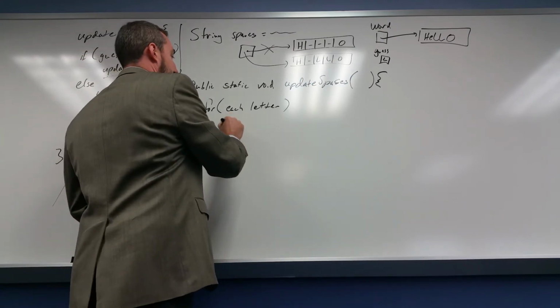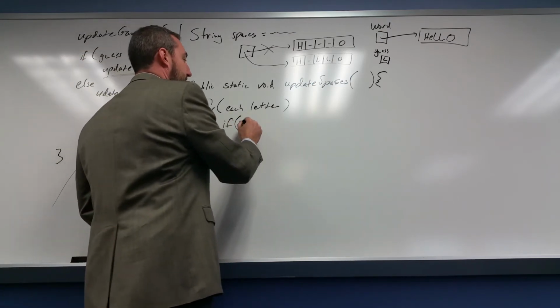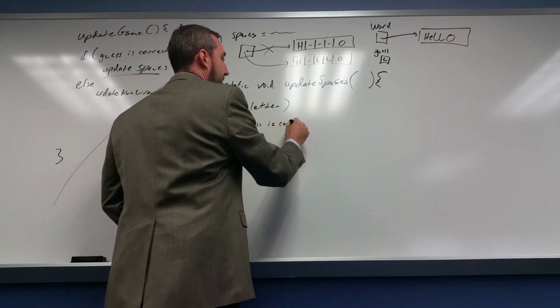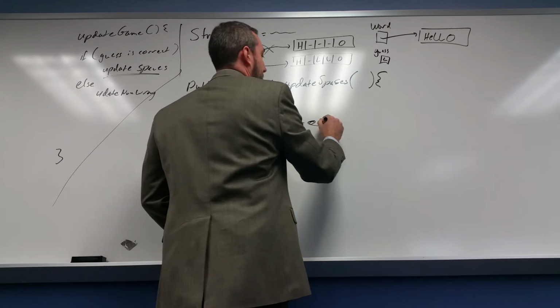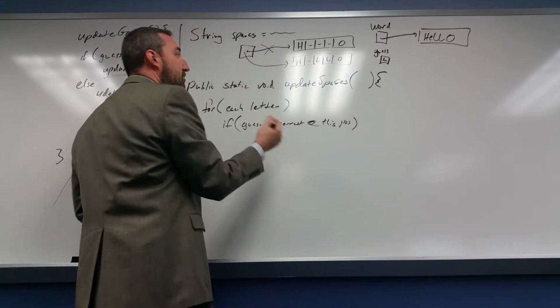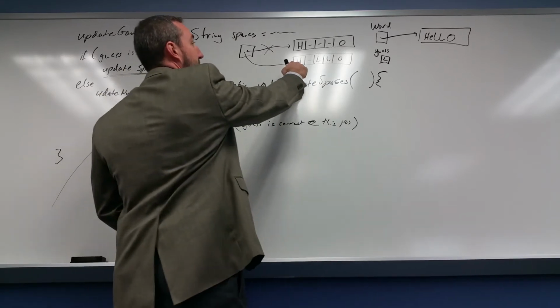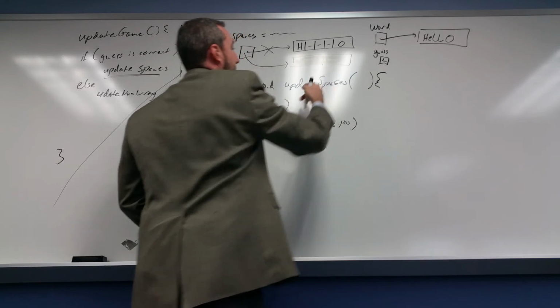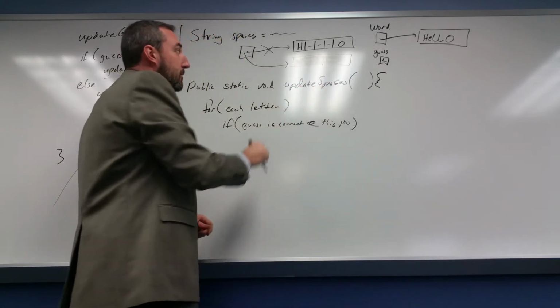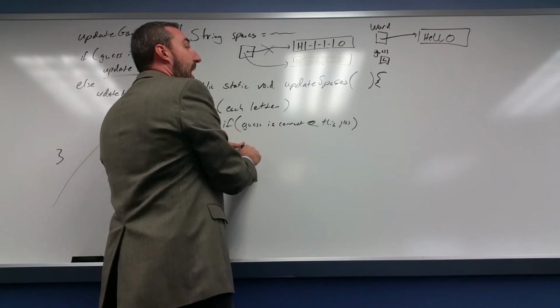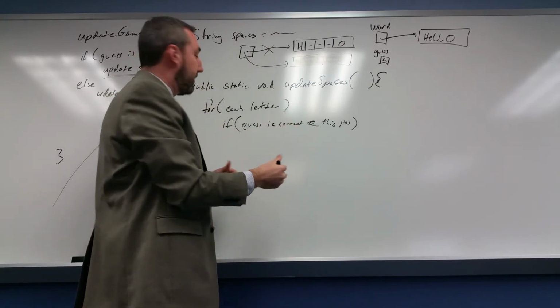So if, for a particular letter, the guess is correct at this position, I'm going to add it to the new set of spaces, because I've got to remember we're making these. Right now these are blank, there's nothing there. We're going to build it one letter at a time. So basically I'm going to look at each letter and say, if the guess is correct, let's add one thing in. If the guess isn't correct, we'll add something else in.